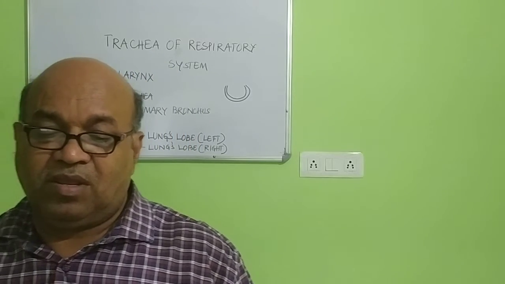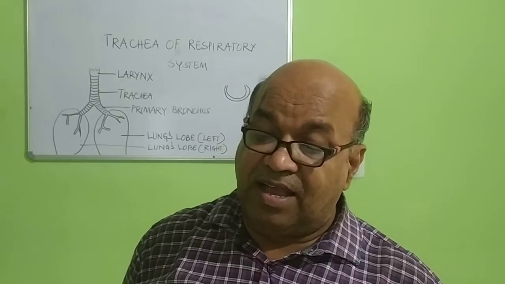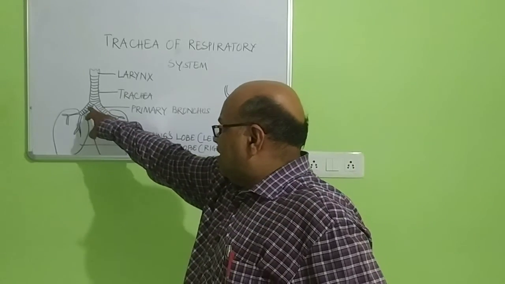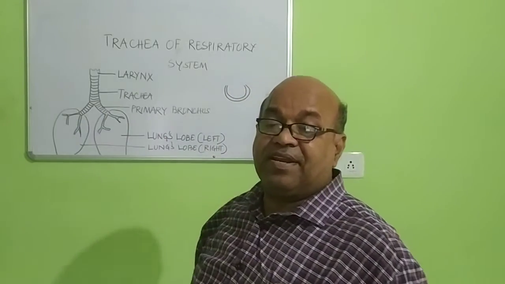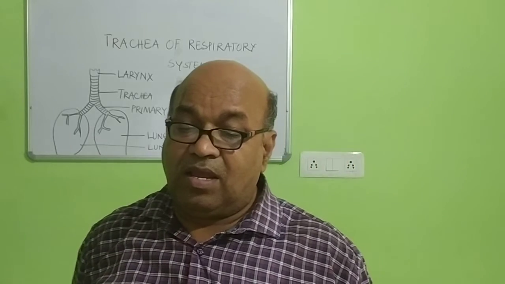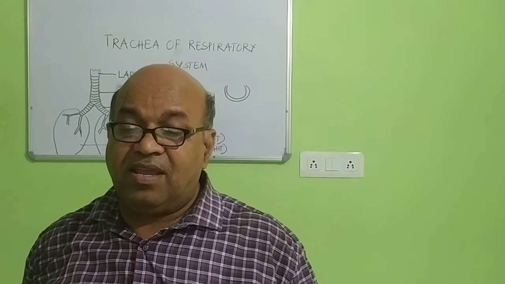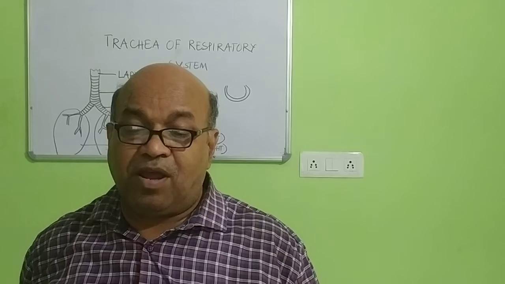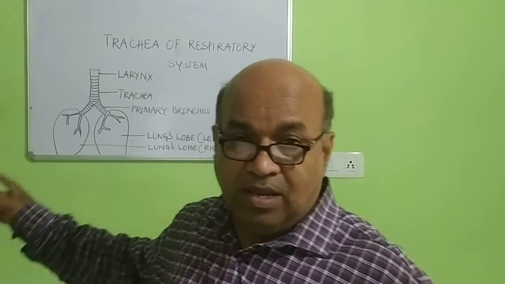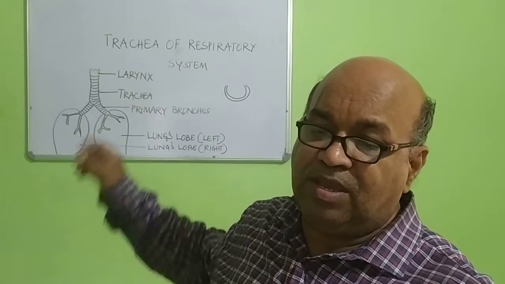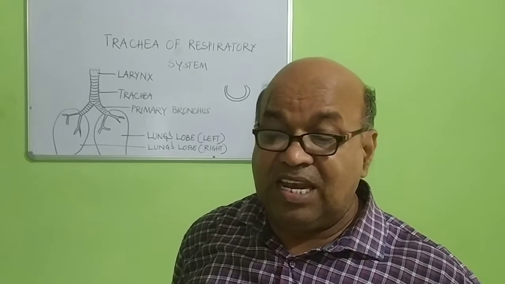The lower end of the trachea is bifurcated, forming two bronchi, which are called primary bronchi, lined with cilia.